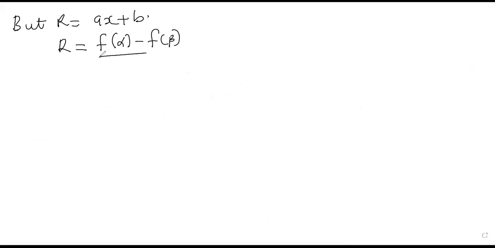But remember, remainder is equal to ax plus b, and we've already gotten these values. So the remainder is going to be equal to the value of a. The value of a, we got f of alpha minus f of beta over alpha minus beta x. So in the whole of this one, we shall multiply x, then plus b.